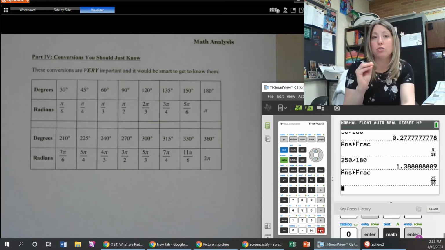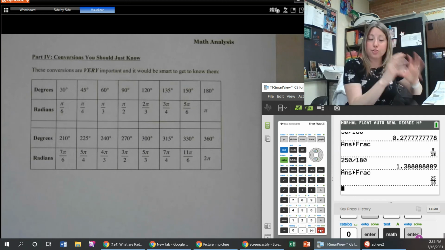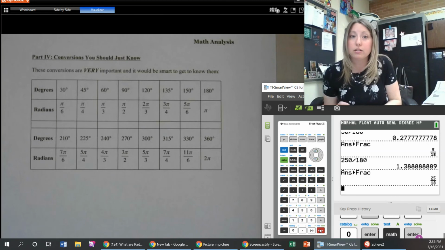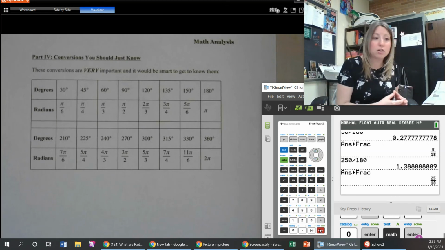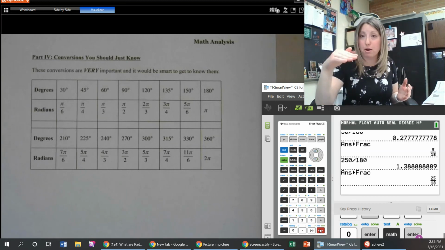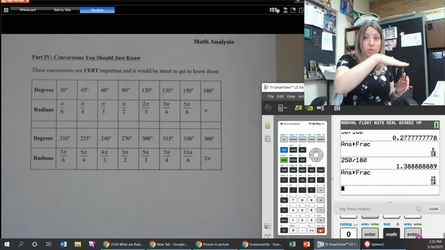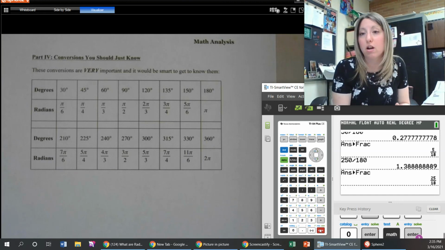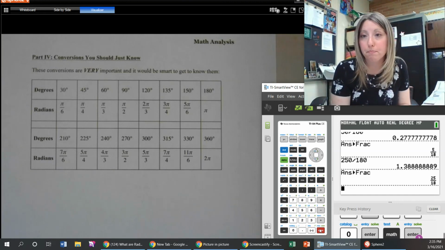We are going to really know that 30 degrees is the same as pi over 6 radians. We're really going to know that 180 degrees, that straight line that we talked about in the circle, that diameter straight across, right, is the same as pi number of radians, approximately 3.14.